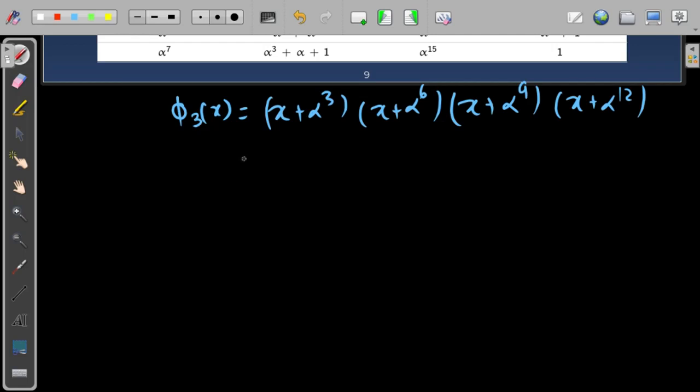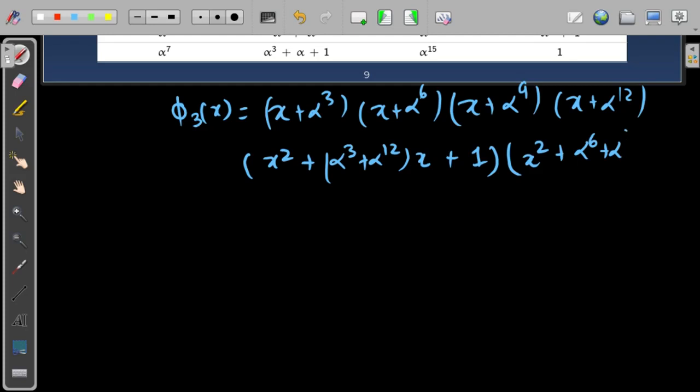So here I will be having x square plus alpha cube plus alpha 12 whole times x plus alpha to the power 15, which is equal to 1. And in this case we are going to get x square plus alpha to the power 6 plus alpha to the power 9 times x plus 1, because we are also going to get alpha to the power 15 there, right? So these are the two things that we got.